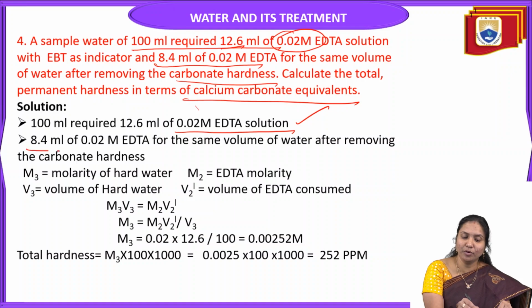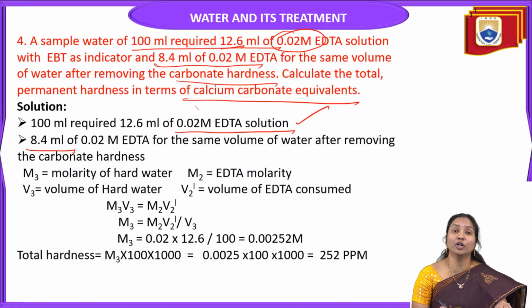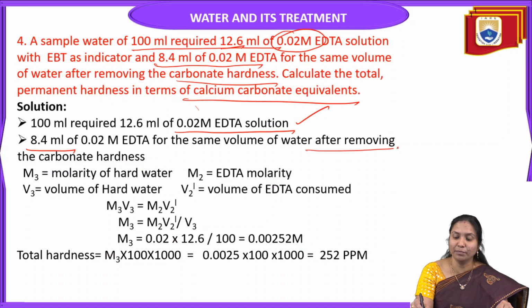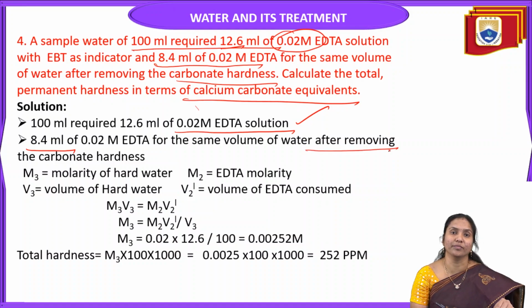Next one is 8.4 ml of 0.02 M EDTA solution required for the same volume, that means 100 ml of water sample. In this case we removed the temporary hardness causing salts. So this data is used for determination of permanent hardness of the given water sample.